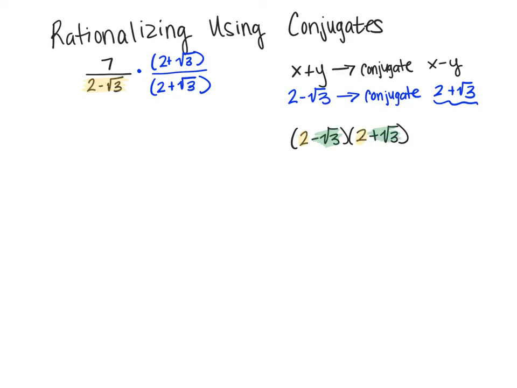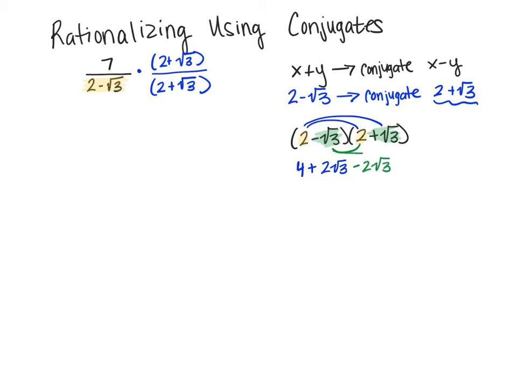So you have 2 times 2, which is 4. Then we have 2 times the positive root 3, so that's just going to be 2 root 3. And then we have the inner terms, which are 2 and negative root 3. So 2 times negative root 3 is just going to be minus 2 root 3.